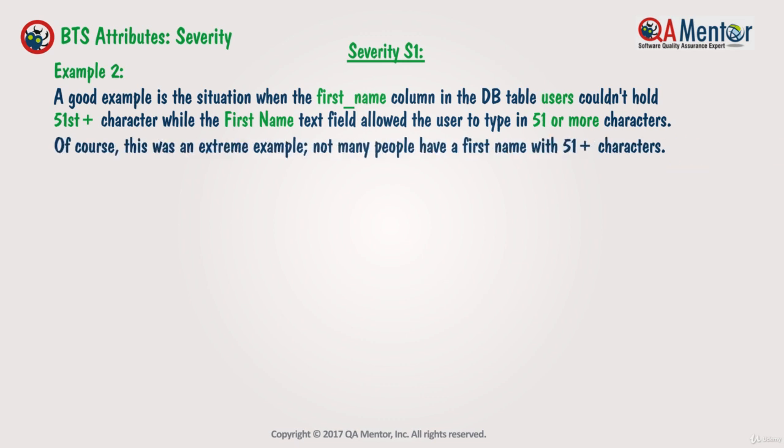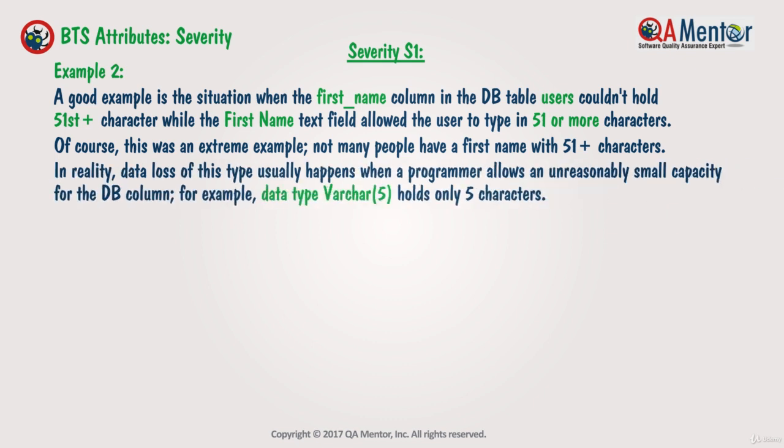Of course, this is an extreme example. Not many people have a first name with 51 plus characters. In reality, data loss of this type usually happens when a programmer allows an unreasonably small capacity for the DB column. For example, data type varchar(5) holds only 5 characters.